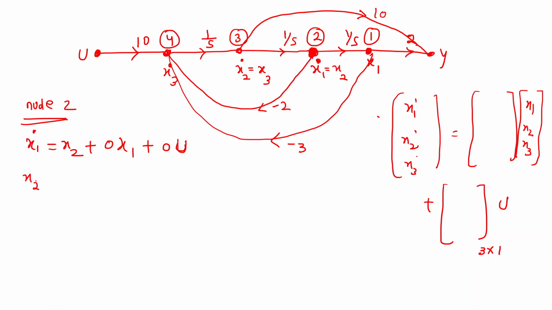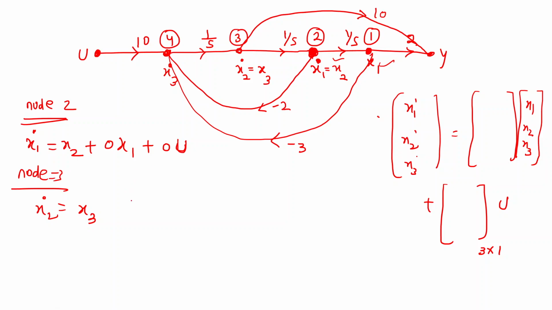Now you go to x2 star, which is node 3. x2 star is nothing but your x3. There is no relation between x1 and x2 at this node, because x1 is here and x2 is here, so there is no direct connection between these two.